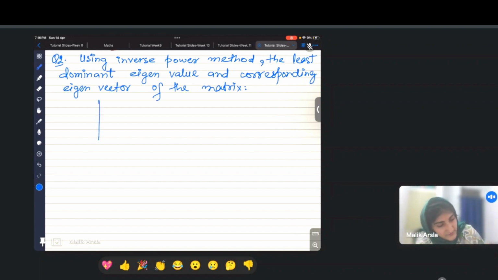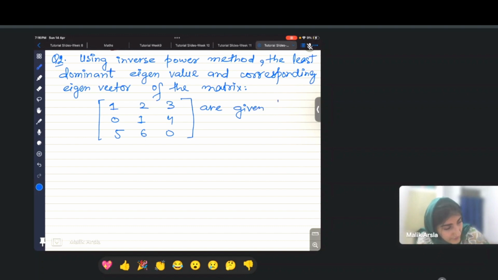The matrix is given as 1, 2, 3, 0, 1, 4, 5, 6, 0. So here you have to use the inverse power method to find the least dominant eigenvalue. So can you tell me what the inverse power method is basically?